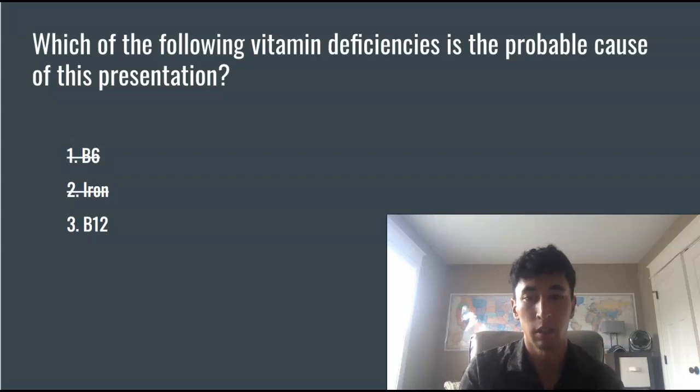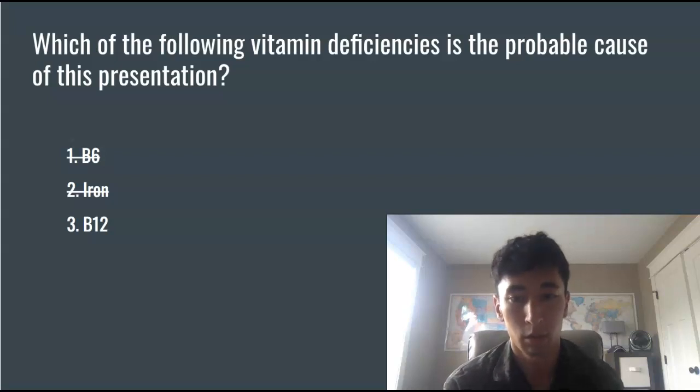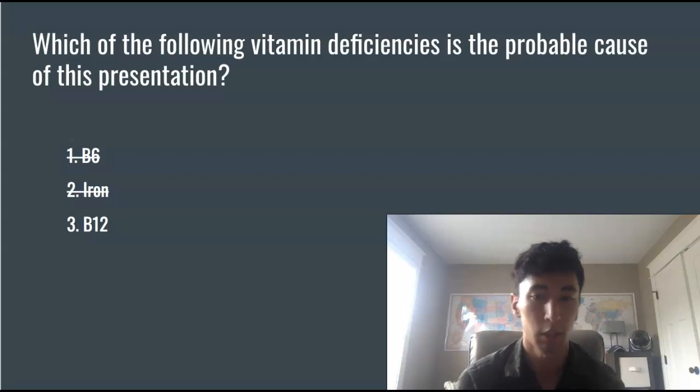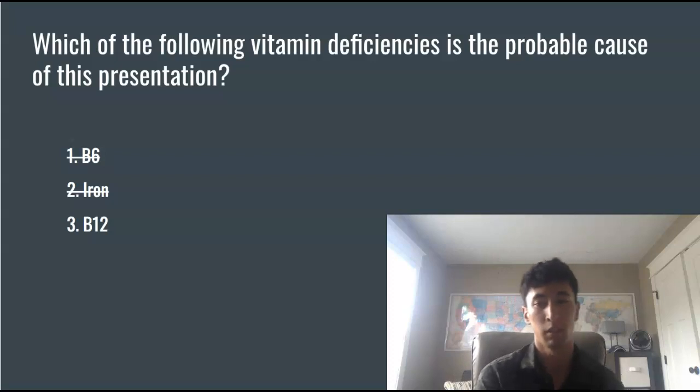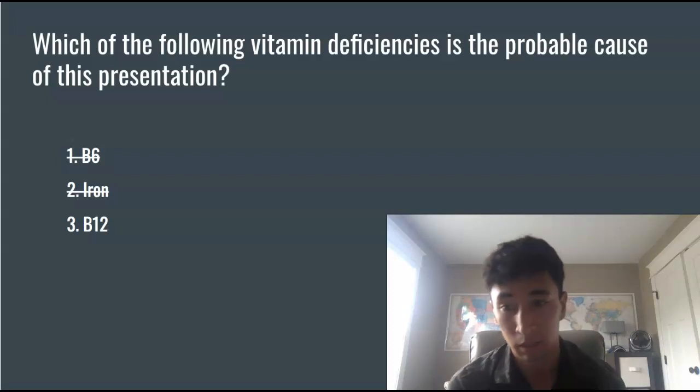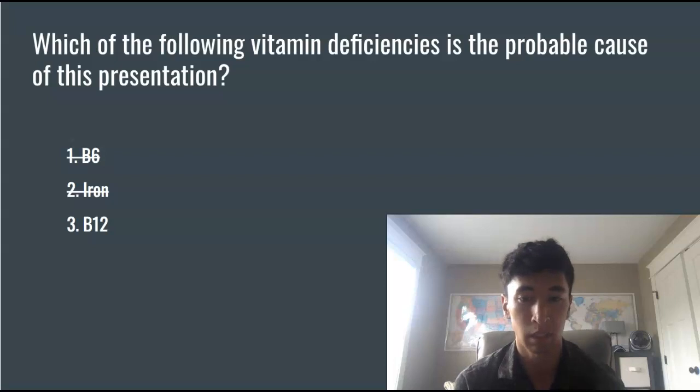The deficiency is obviously having a large impact on her health, and B12 is often a cofactor that converts 5-methyl tetrahydrofolate back into tetrahydrofolate, and then the folate becomes trapped in the 5-methyltetrahydrofolate and leads to deficiency of methionine, which is an essential amino acid.